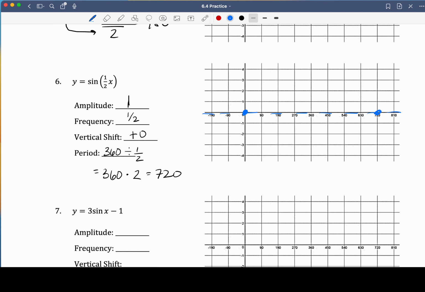And then remember, we have another point halfway between the period, the cycle. In this case, it's going to be 360. That's on the midline. And then between 0 and 360 is going to be a hill because our sine function is positive. Our amplitude is 1, so we're going to go up from 180, up 1. And then between 360 and 720, we have 540. And from there, we're going to go down 1 because our amplitude is 1.